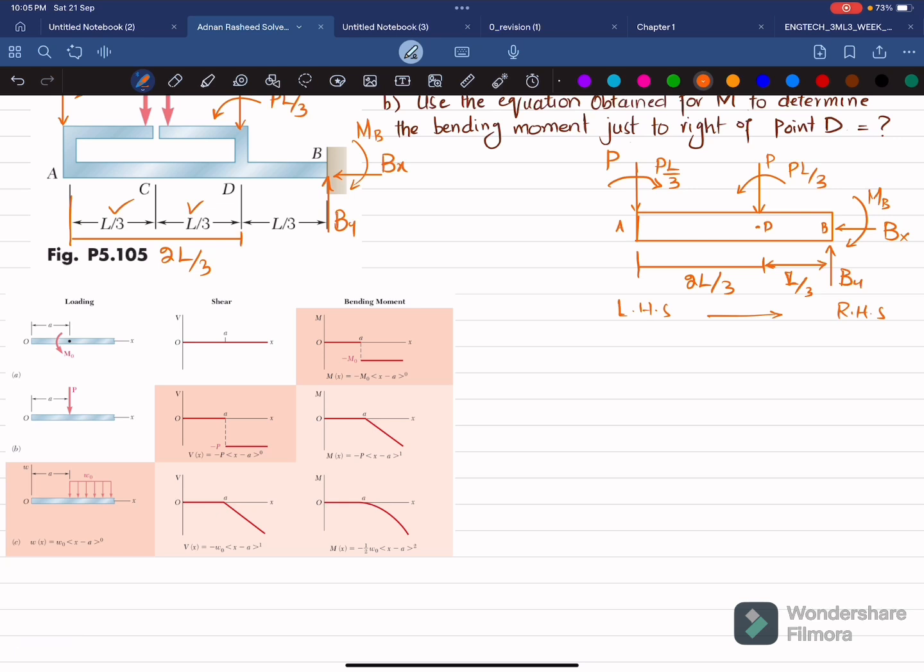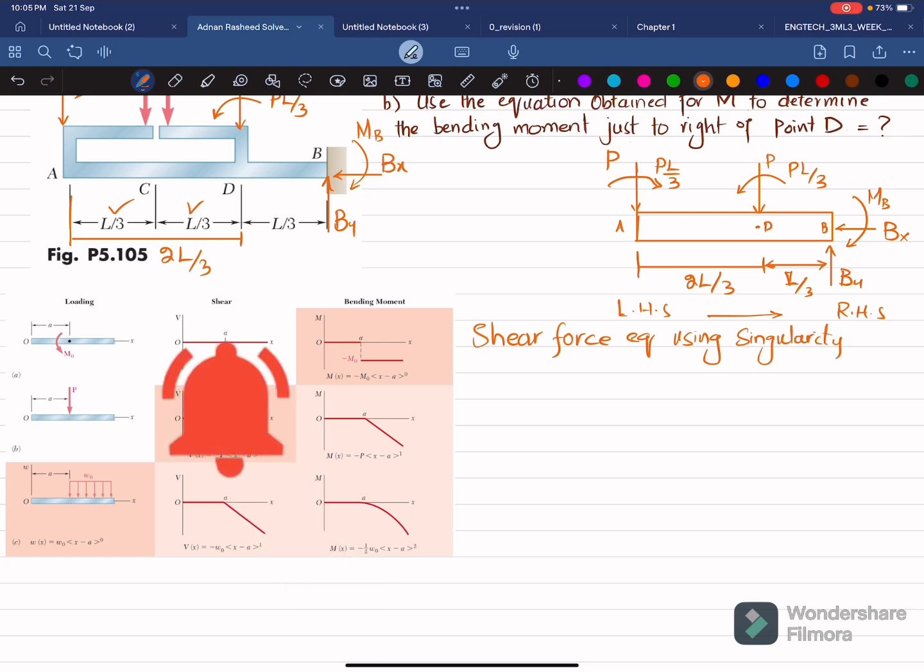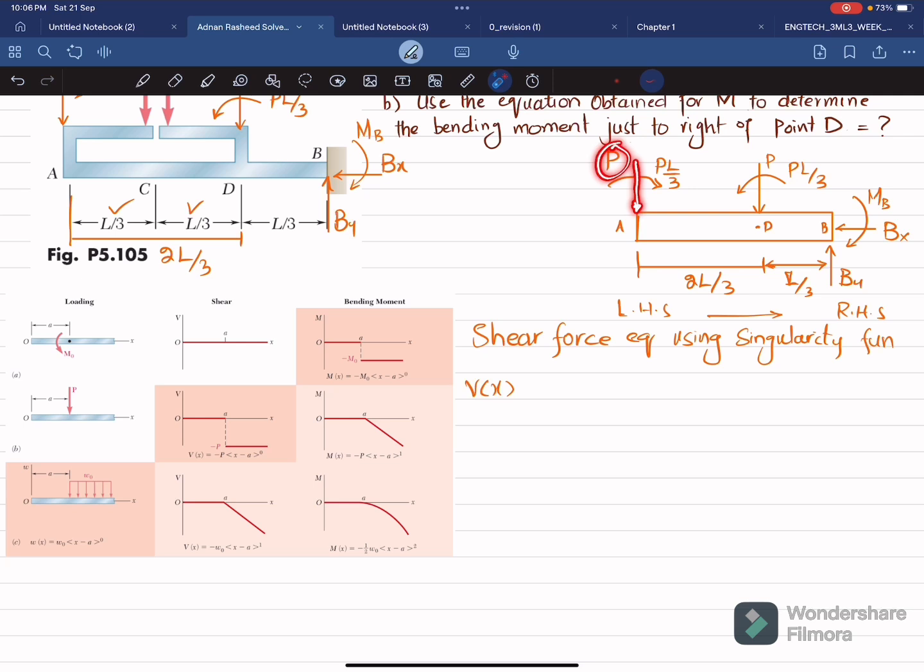So starting with the shear force equation using singularity function. So we know that the singularity function is V of x. At point A, we have a load P. Due to this load, this P is acting downward.